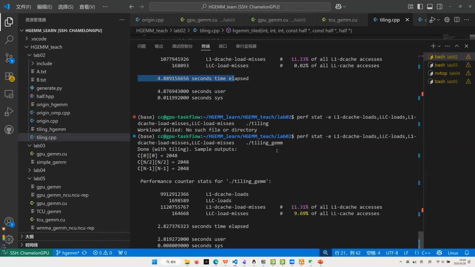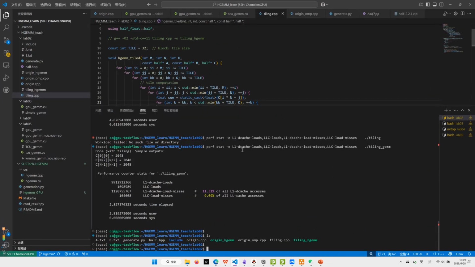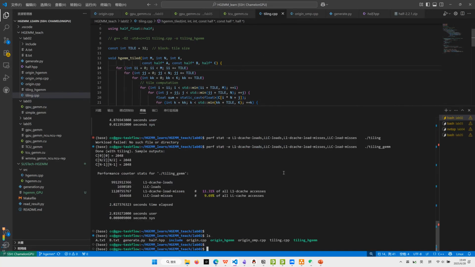Now, for these two things, I will help you see what the difference is between the two algorithms. To do that, I will introduce perf. As you can see, perf is a Linux tool that can help profile your program.